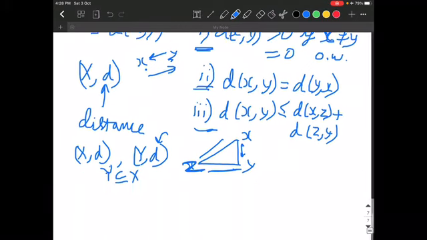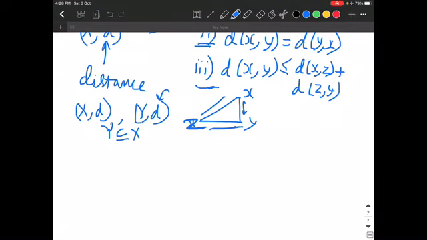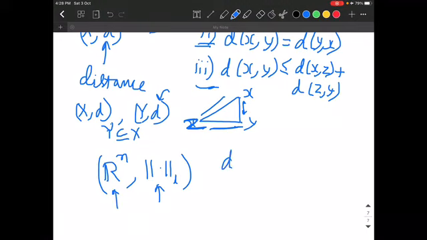So one example of a metric space is R^n with the l-norm. So this is a metric space. A distance function is given by the lth norm over this real space. So d(x, y) is equal to the norm of x minus y.